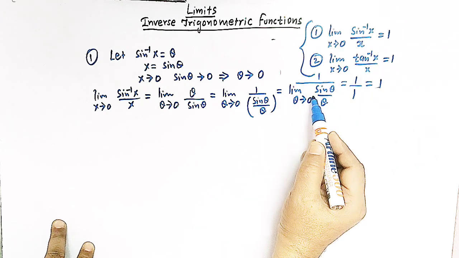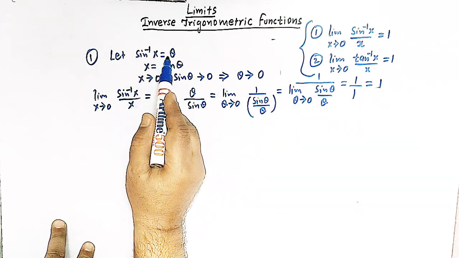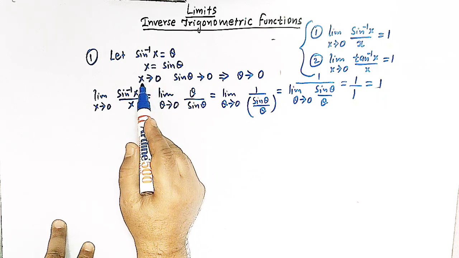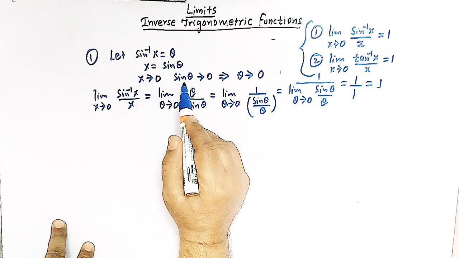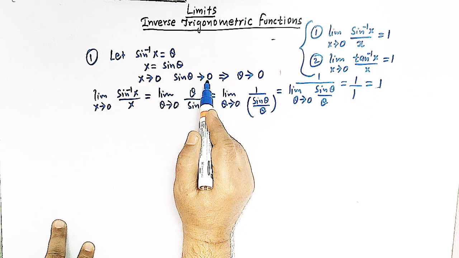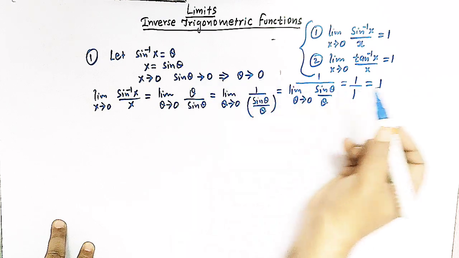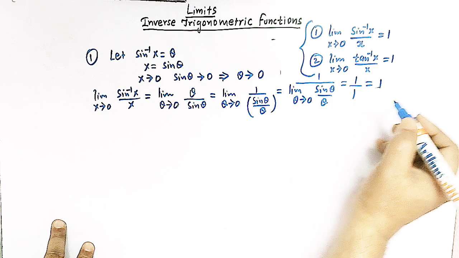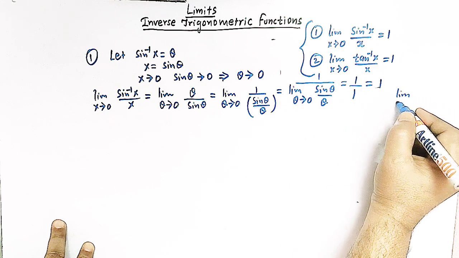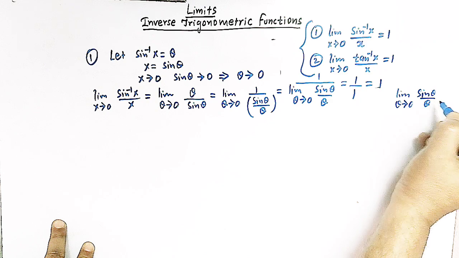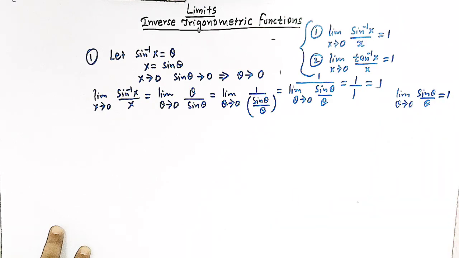What we have done here is make the substitution sine inverse x is equal to theta. When x tends to 0, sine theta tends to 0, which implies that theta tends to 0. So here we have used the result that the limit as theta tends to 0 of sine theta over theta is equal to 1.